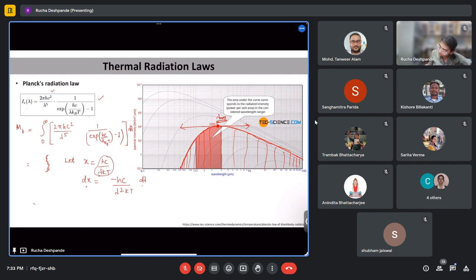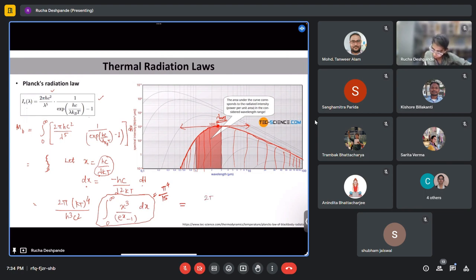So we get this entire term, and this value is equal to pi to the power 4 by 15.